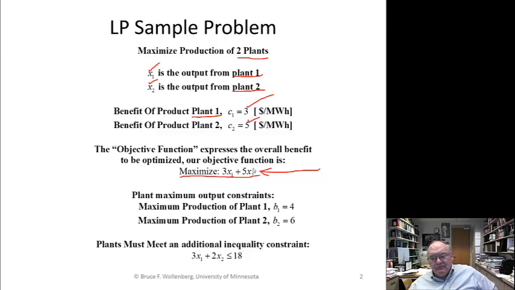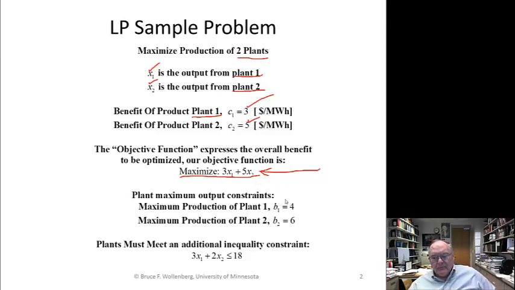I'm going to later on switch over to a minimization, because LP is always minimizing, and it's very easy to minimize a function. If you've already got the function like this, you just minimize the negative of the function, which maximizes it. So we'll see that later, but right now we're talking about maximizing.